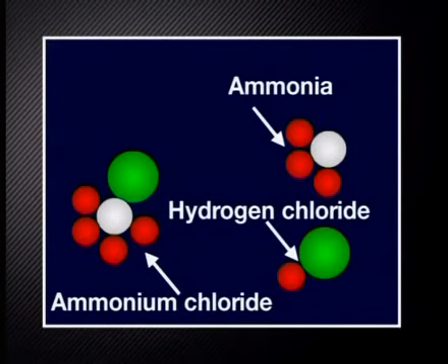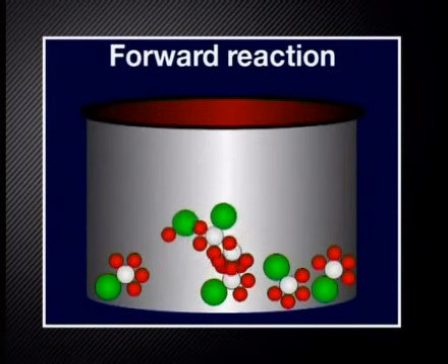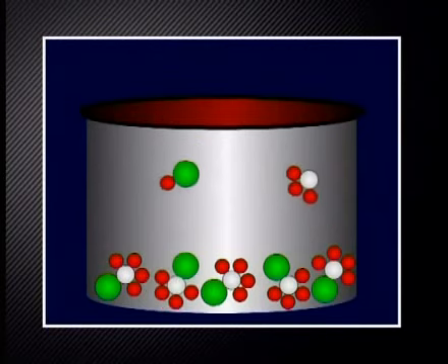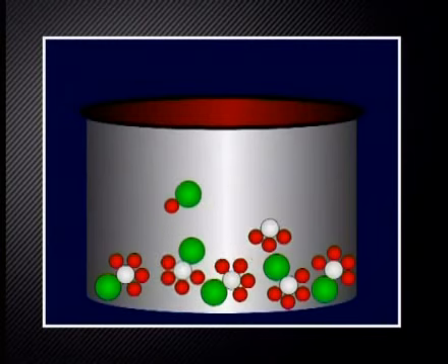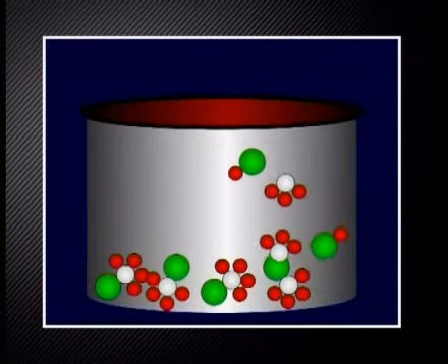The ammonium chloride solid decomposes to form ammonia molecules and hydrogen chloride molecules. This is the forward reaction. Notice that at the same time, some hydrogen chloride molecules and ammonia molecules collide to form ammonium chloride as a product.